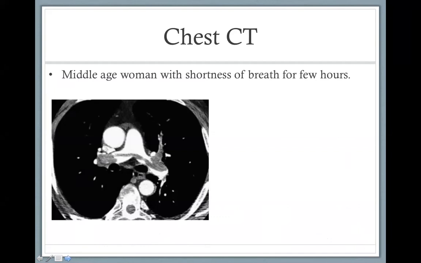This is a middle-aged woman, and she has shortness of breath for a few hours. And the question is, what is the abnormality, or what do you think is going on? So let's ask first, what kind of study is this?